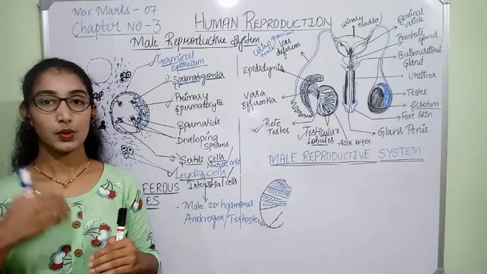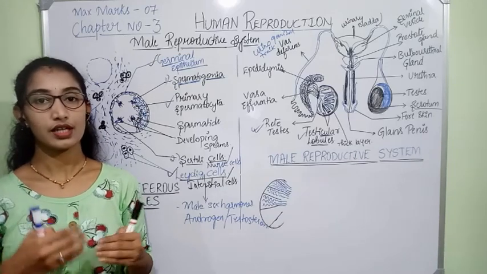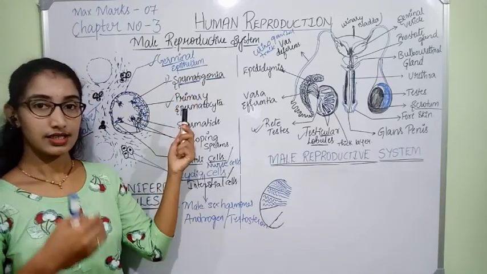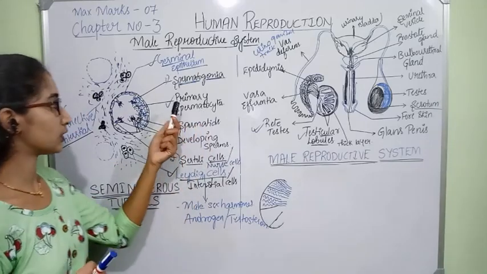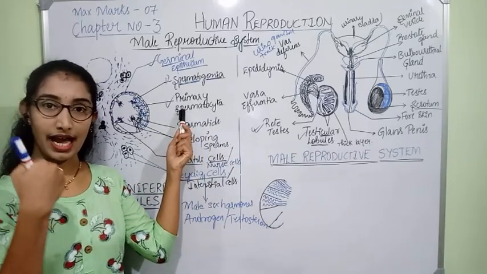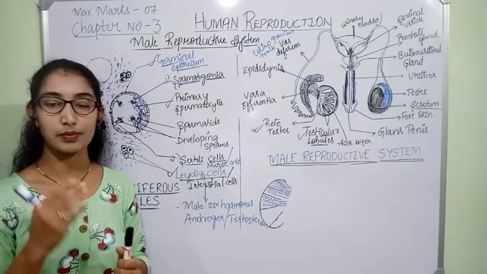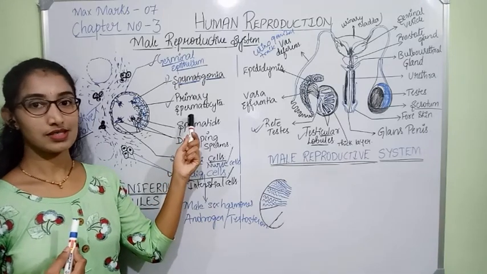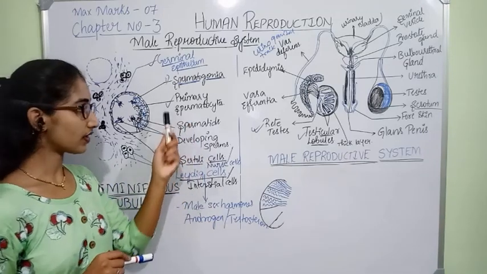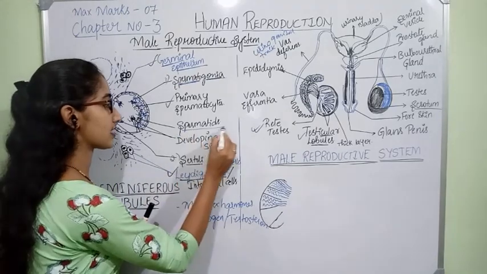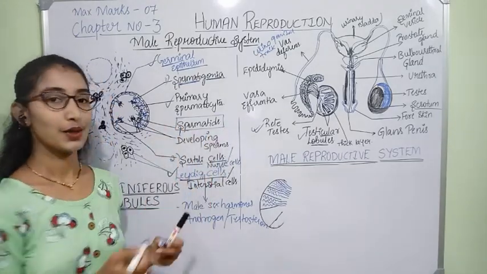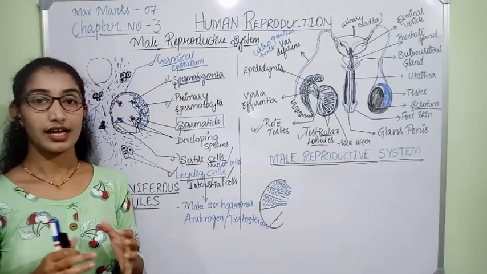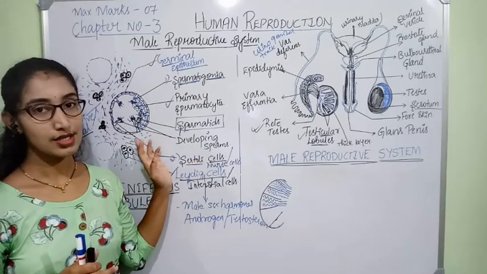Spermatogonia will further undergo meiotic division to form the sperms. The spermatogonia develop into primary spermatocytes, which undergo meiotic division to form secondary spermatocytes, which further develop into spermatids. These spermatids develop various structures and become mature spermatozoa.